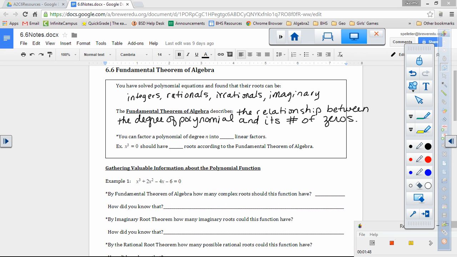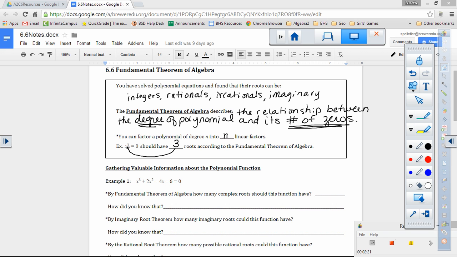You can factor a polynomial of degree n into n linear factors. Example, x to the third equals 0 should have 3 roots according to the fundamental theorem of algebra because it has a degree of 3. So they're tied together, okay? The degree of the polynomial and number of zeros should be the same.